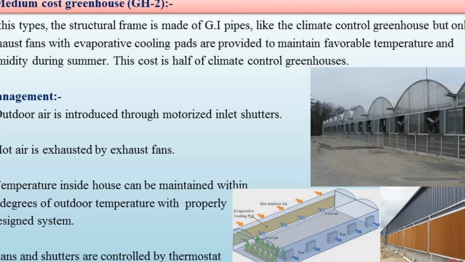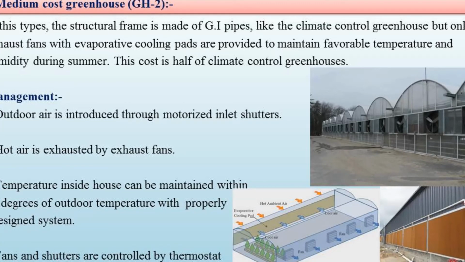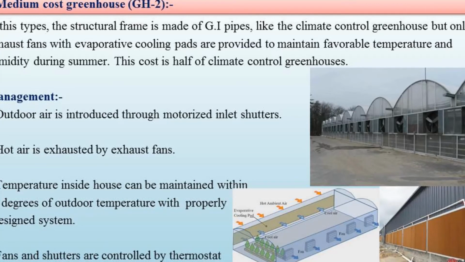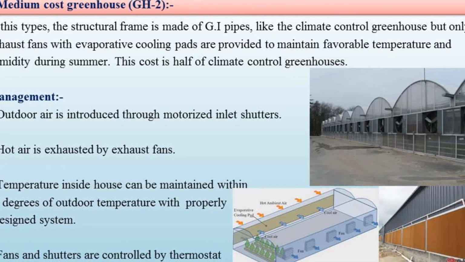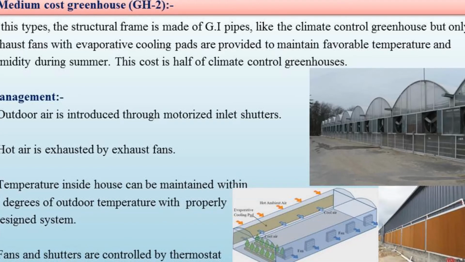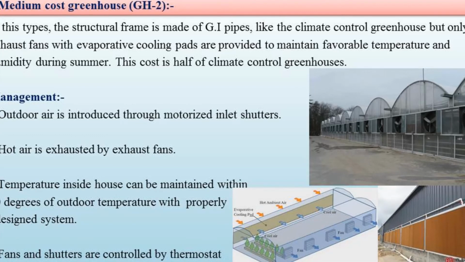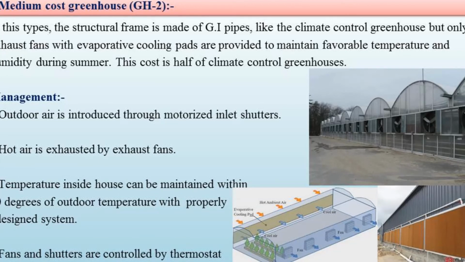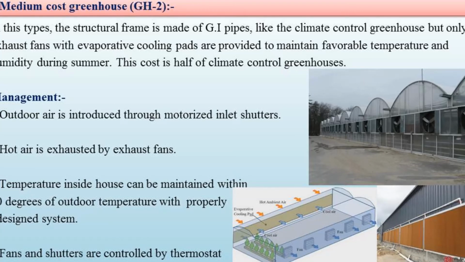In the fan and pad method, the exhaust fan is placed in one wall and the evaporative cooling pad is placed in the opposite wall. The hot air is expelled through the exhaust fan and the entering air is cooled by the evaporative pad.